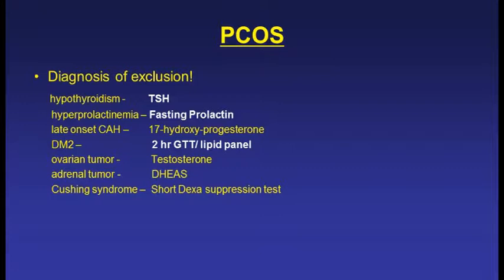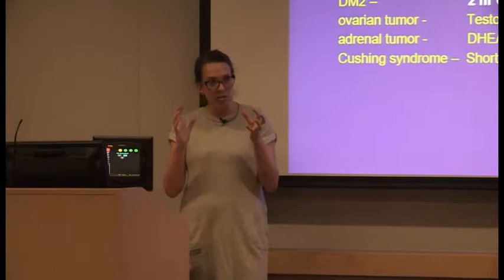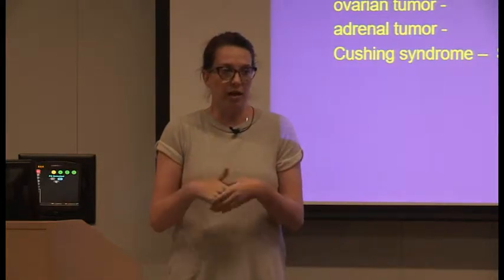Now, as far as looking at other hormones, testosterone, free testosterone, we can go into an argument about that later, but the bottom line is you've got to do a TSH, you've got to do a prolactin, and I would suggest you get an ultrasound. Those are the 3 things that you need to do. Now, how do I make the diagnosis of PCOS? That hinges on what's called Rotterdam criteria, okay?